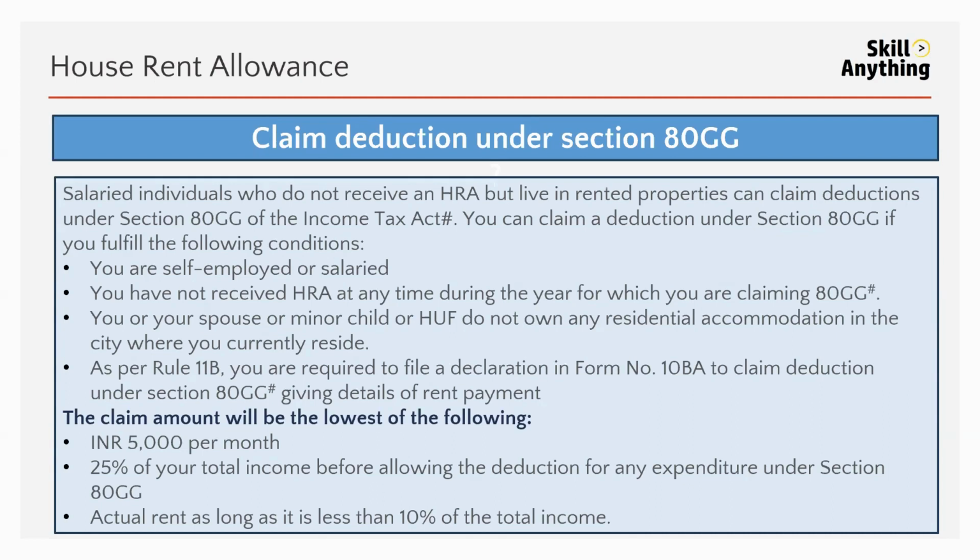For a claim under section 80GG, the claim amount will be the lowest of: first, 5,000 per month; second, 25% of your total income before any deduction under section 80GG; third, actual rent paid minus 10% of your total income.